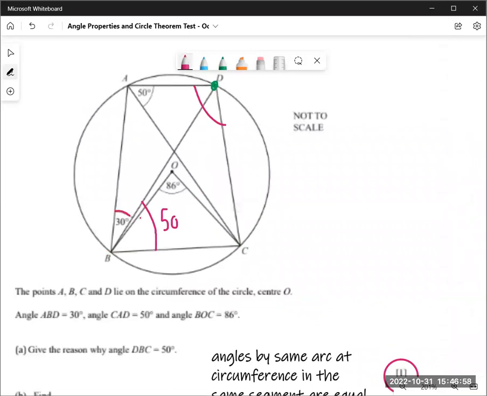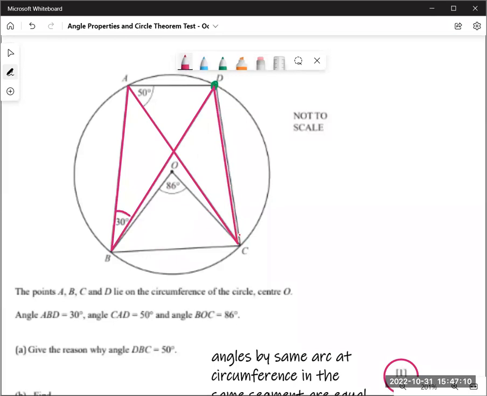Since this is 30, then what is this one? 30 as well, they have the same arc. So this is also 30.